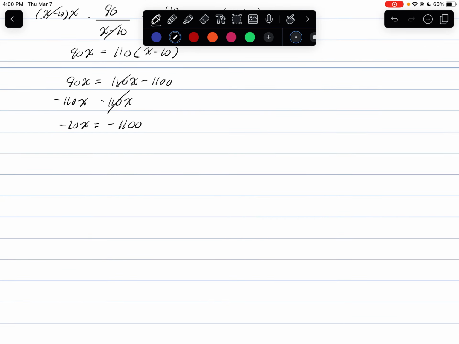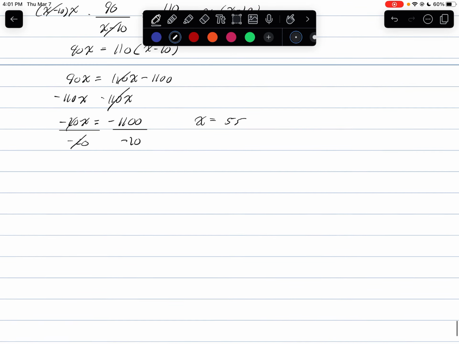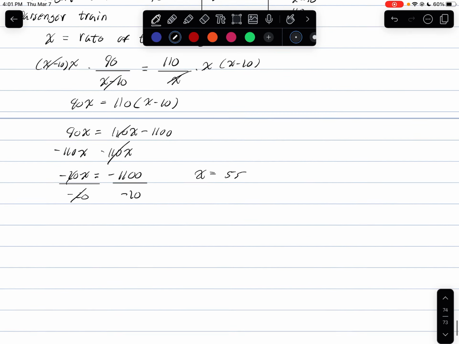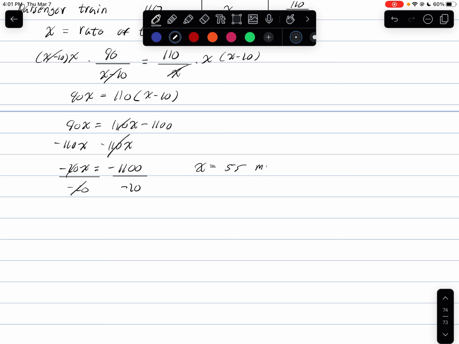If we divide both sides by negative 20, these will cancel, and x is equal to negative 1,100 divided by negative 20. We get that x is equal to 55. So the speed of the passenger train is 55 miles per hour.